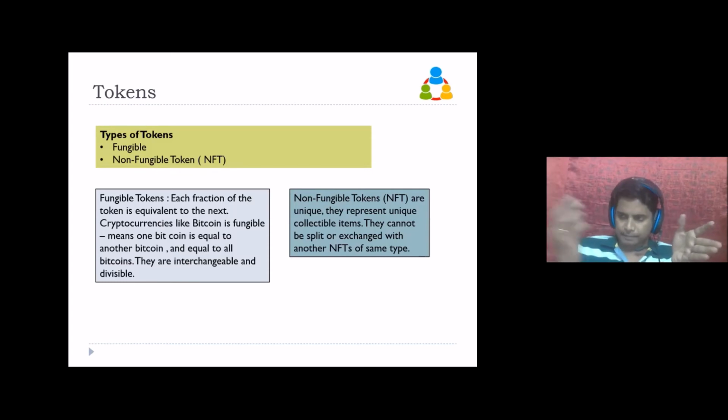Another NFT, which is represented by another music piece or another art, will have a different value. That's why non-fungible tokens are unique, and they represent different collectible items.